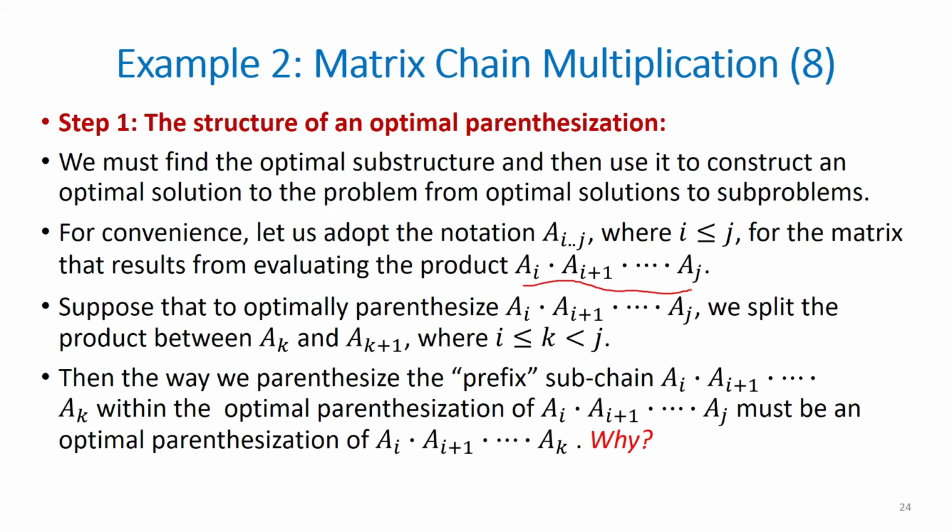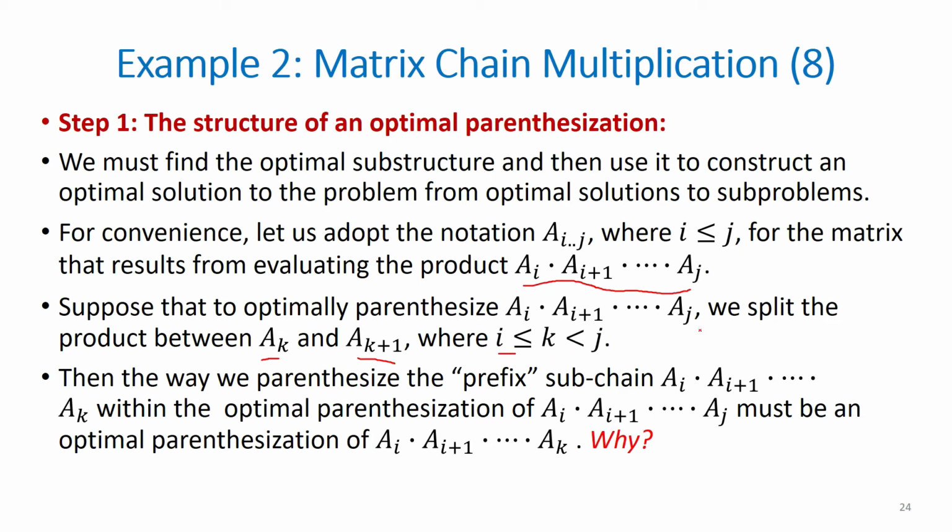Now, let us assume that the optimal parenthesization of this subchain requires us to split the product between two matrices Ak and Ak+1, where k takes values from i to j minus 1.